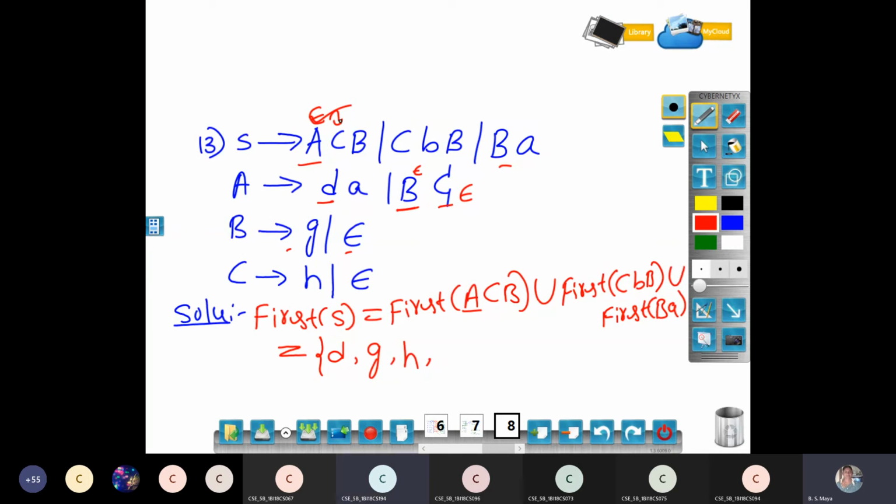If you have repeated epsilon, you have to visit B. What is B? B has G, have epsilon, then you should add epsilon production also for this one. So look into this, how it goes forward, the last rule. Y1 has epsilon, Y2 is epsilon, Y3 is also epsilon, add that production to follow of S.